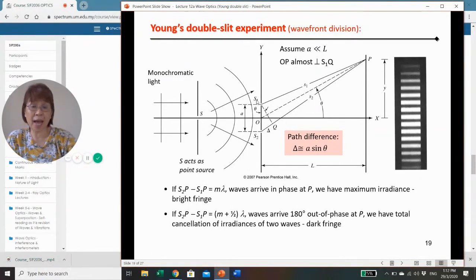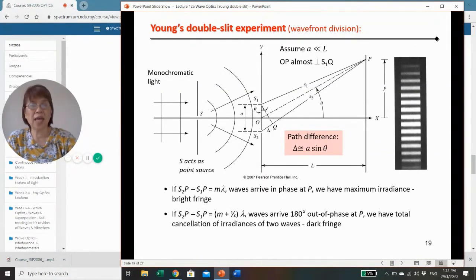Then we have another line from S1 to P, and another line from S2 to P. So this would be the path described by S1, and this would be the path length described by S2.